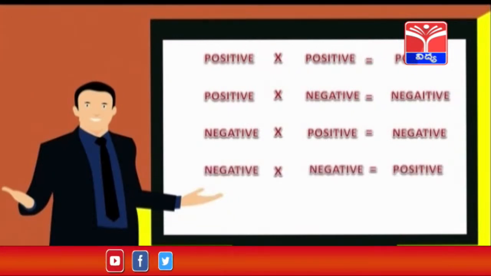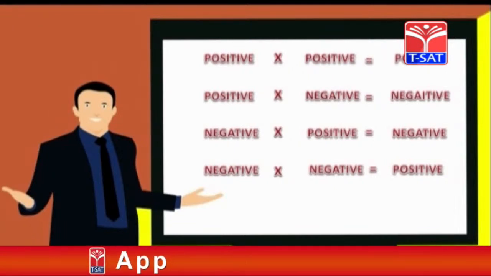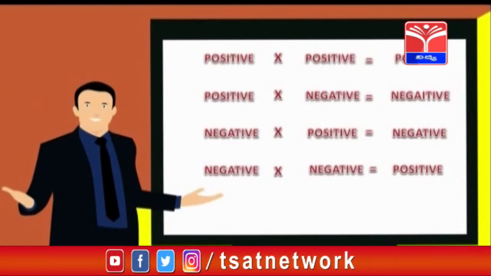You observe these results carefully, and better to write them in your book many number of times, because you have to practice this, and you see that positive into positive is positive, negative into negative is also positive. That means when you are multiplying two same symbols, you always get positive.